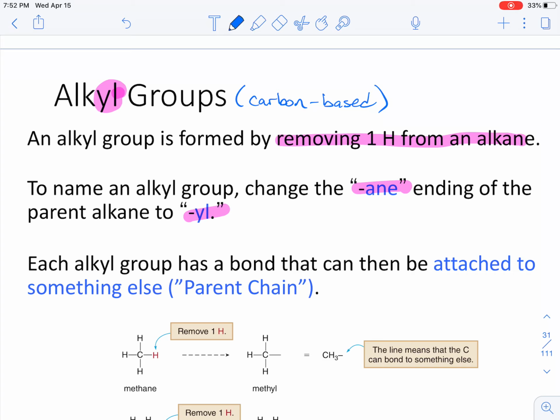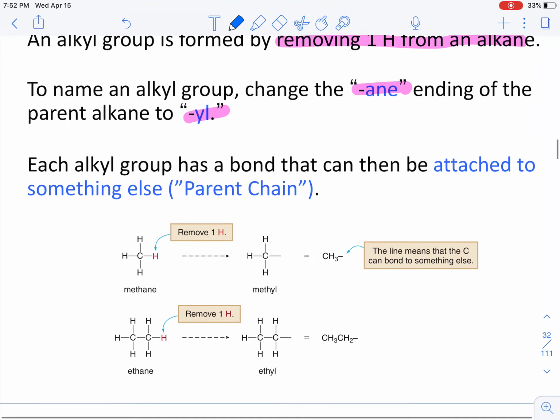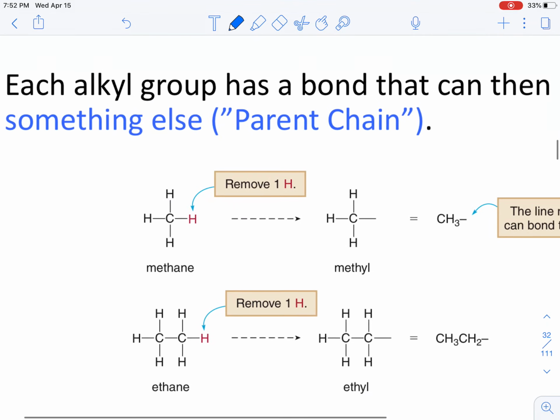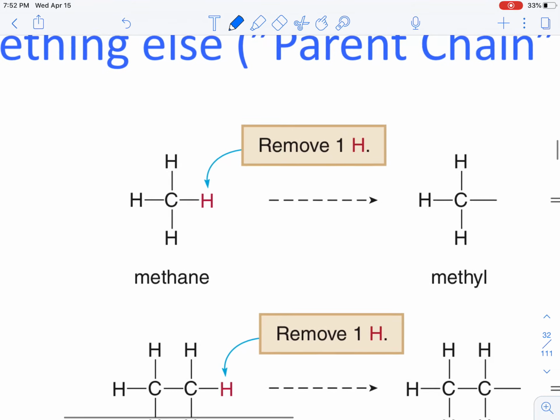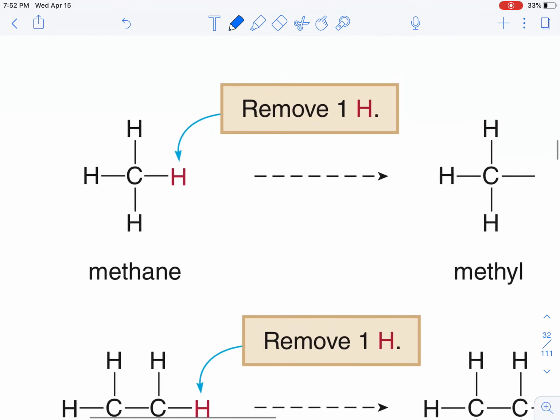So an alkyl is telling the reader that this carbon-based compound is going to be a substituent. Okay. And so this alkyl group can bond to something else.